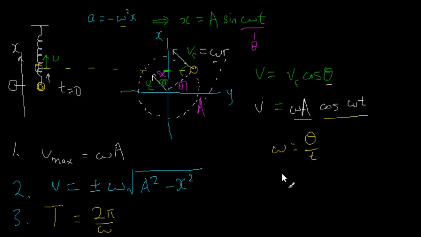So if I want the time, in the special case when the time is 1 period, that means the ball has gone 1 round. When time is 1 period, the angle would be 360 degrees. Now in this case, we must use radians, so that would be 2 pi. And when you rearrange this, you get this expression for the period.